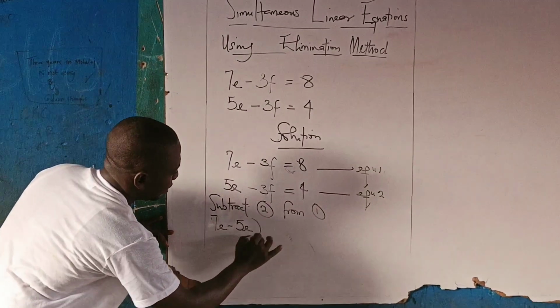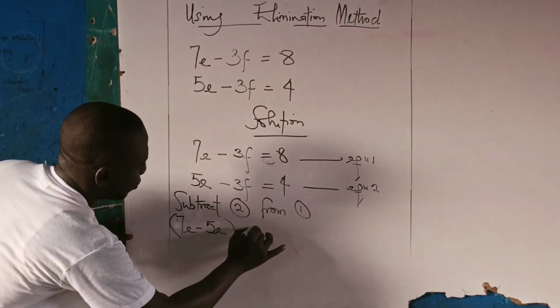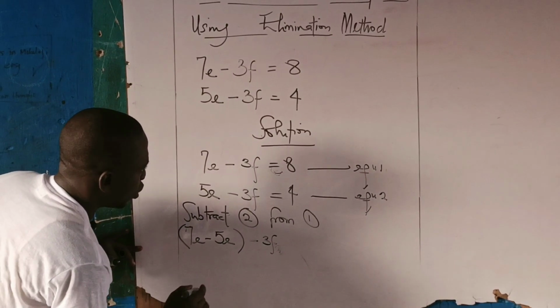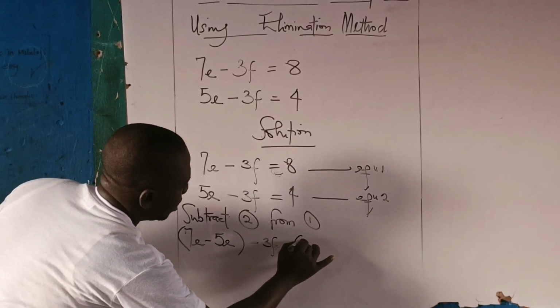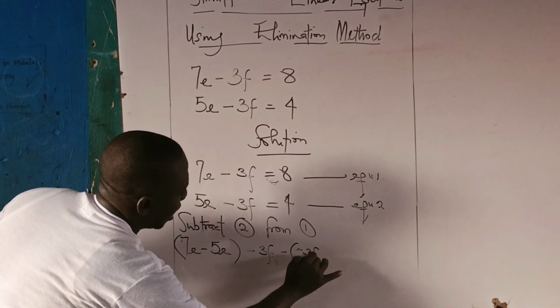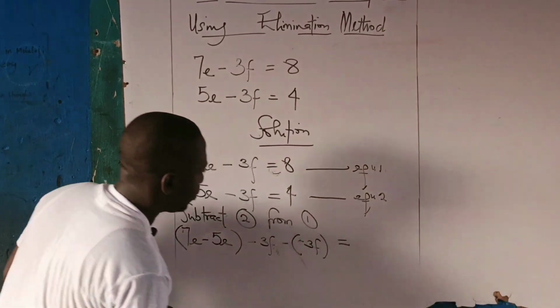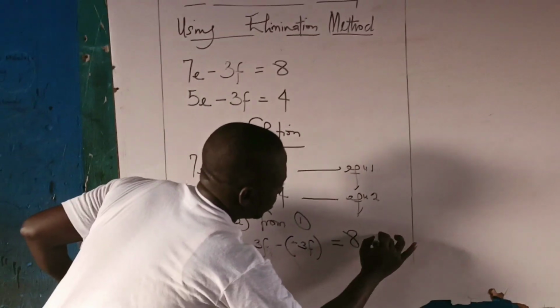This one will be minus 3f from equation 1. That is minus 3f, minus minus 3f, is equal to 8, minus what?